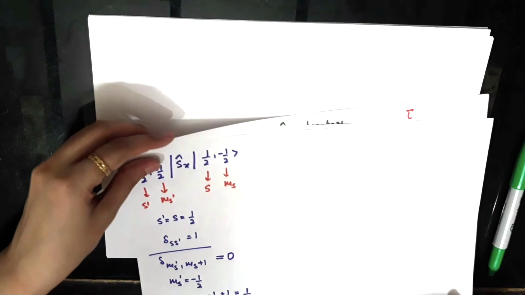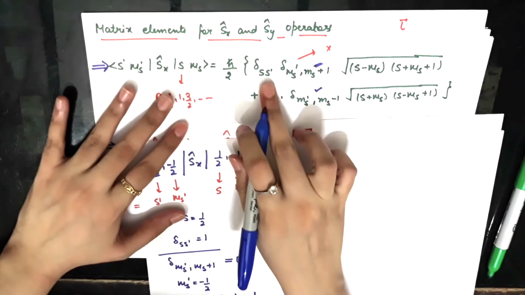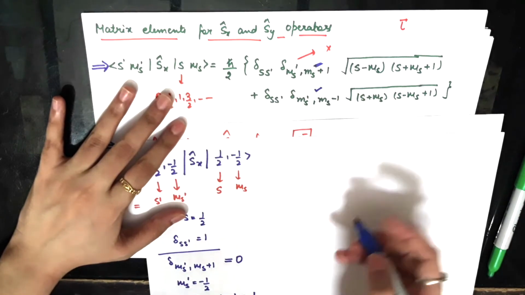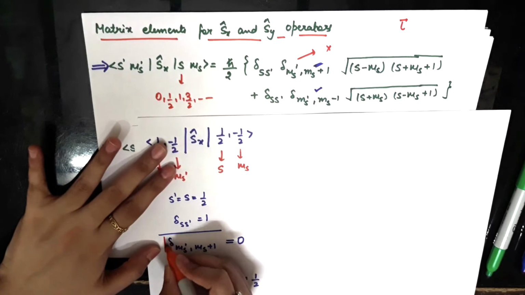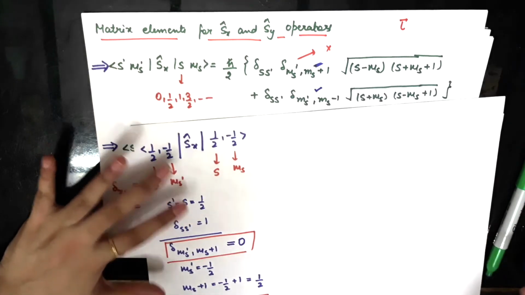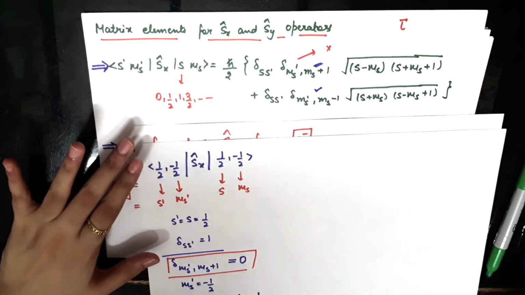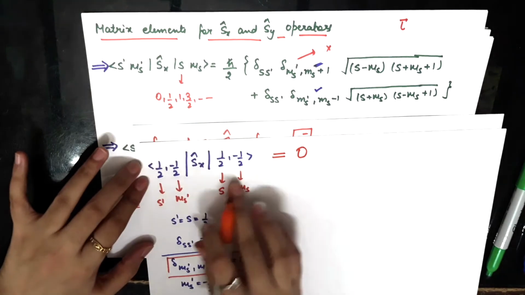So in our case, the delta S S prime was non-zero, but these two deltas, delta MS prime, MS minus 1 and delta MS prime, MS plus 1, are both 0. So both of these terms vanish, and I am left with 0 for this matrix element.